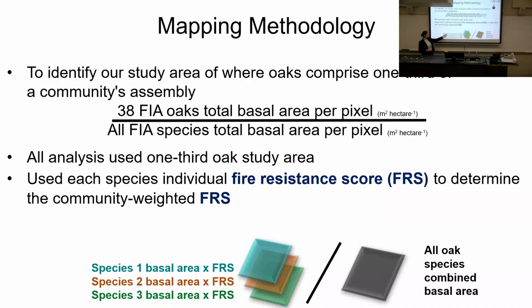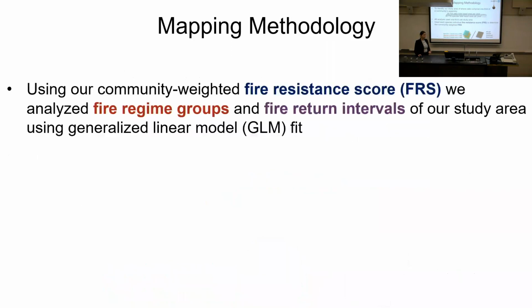So we took species number 1 basal area and multiplied it by that assigned score. We did the same with species number 2 basal area times the fire resistance score, did that with 3, 4, and so on for all 38 layers, and then divided that by all oak species combined basal area to determine that community weighted score.